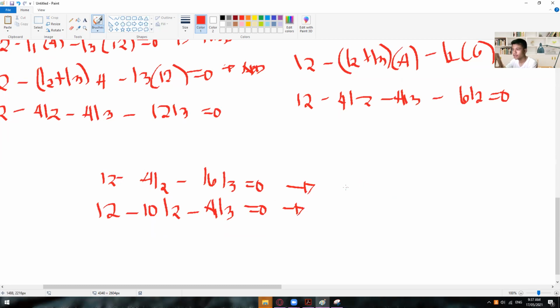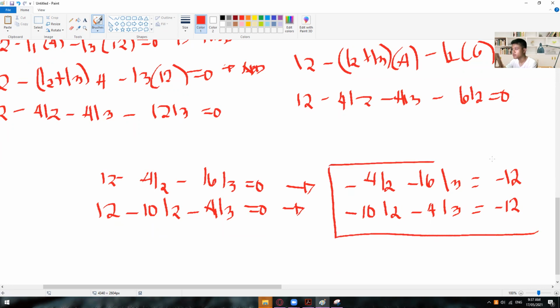So from here we have negative 4 I sub 2 minus 16 I sub 3 is equal to negative 12. And then this one will become negative 10 I sub 2 minus 4 I sub 3 is equal to negative 12 also. And then we can now use this one to solve for the I2 and I3.